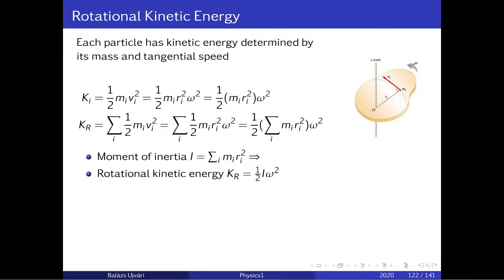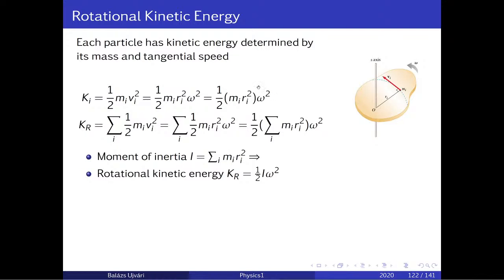Once again, this is a constant omega, constant angular velocity. Let's replace v_i with R_i times omega and take the square.